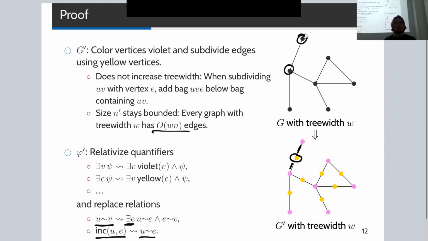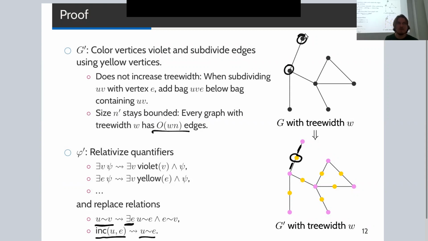But I guess the number of edges also is bounded because the tree width remains bounded. Okay, but there's no direct connection between the tree width and the new number of vertices. The additional vertices are just the number of edges in the original graph. That's not related to the tree width. No, I guess not. So I don't get why they're connecting it to the tree width. I don't get this point.